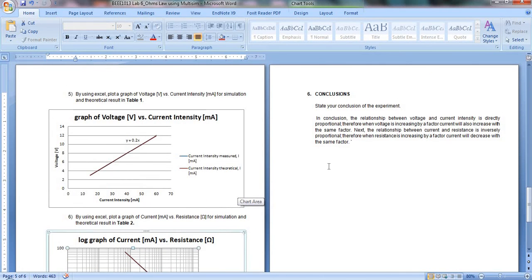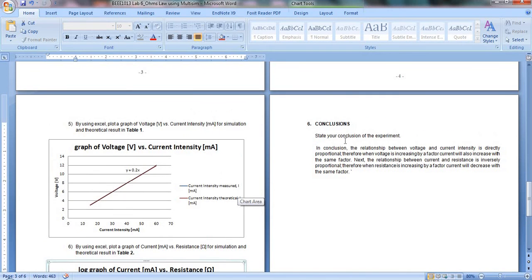Next, for the conclusion, the conclusion is referring to the objective, what is the relationship. So I conclude that the relationship between voltage and current is directly proportional.